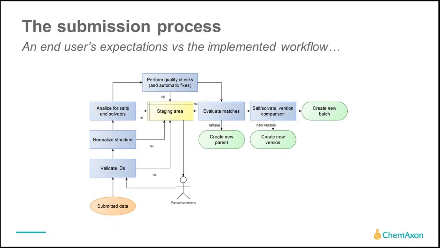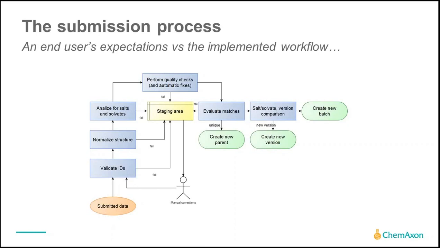If at any stage of the normalization, the error checking, or even the duplicate matching the process fails, the submitted structures will end up in the staging area where they can be revised and the appropriate action can be taken. If it goes through the system, it will be registered at some level of the hierarchy.